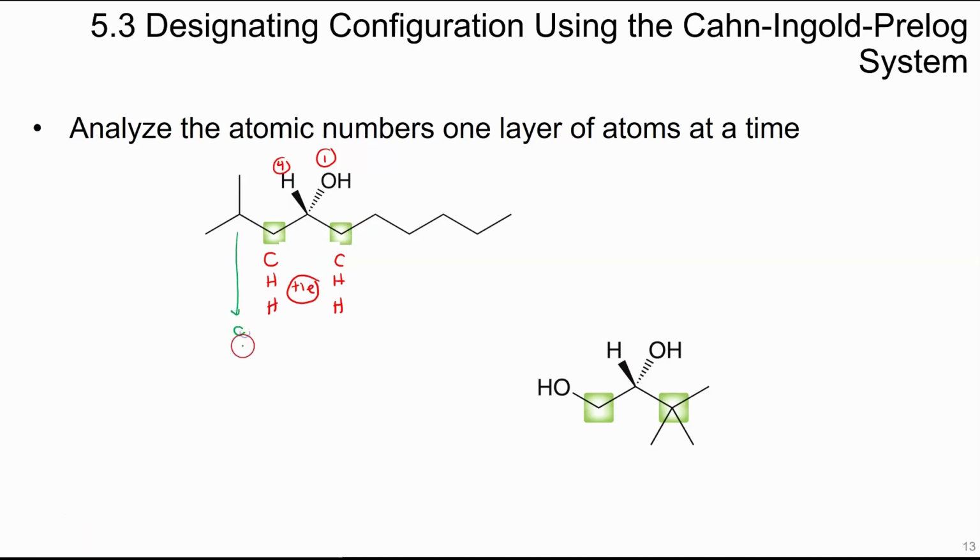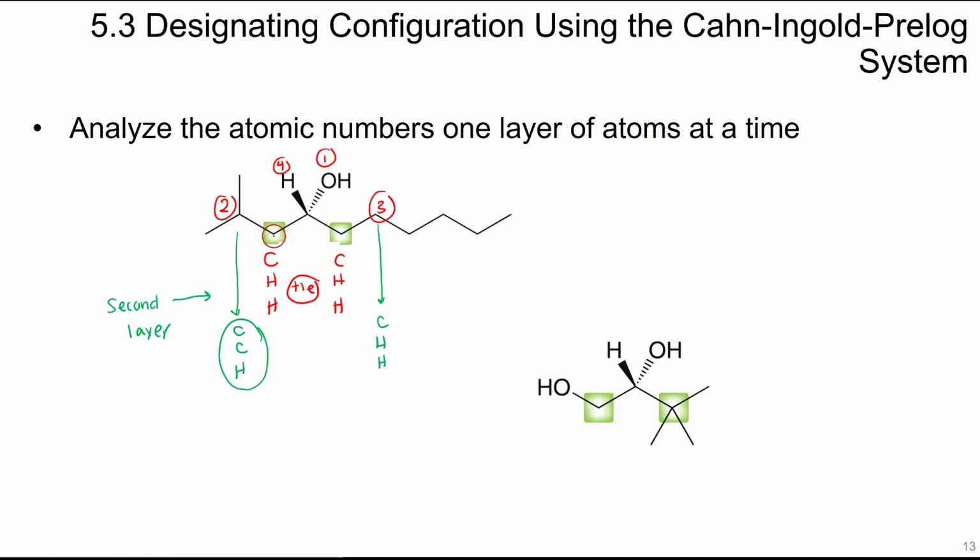This is a C bonded to a C. This one is C bonded to a C and an H, and another H. So when we go to the second layer, this side has the higher priority. So this would be 2, and this is 3.